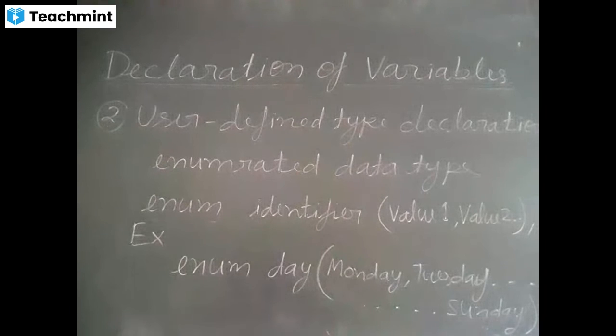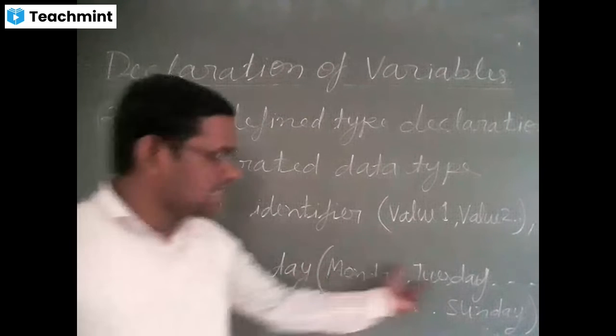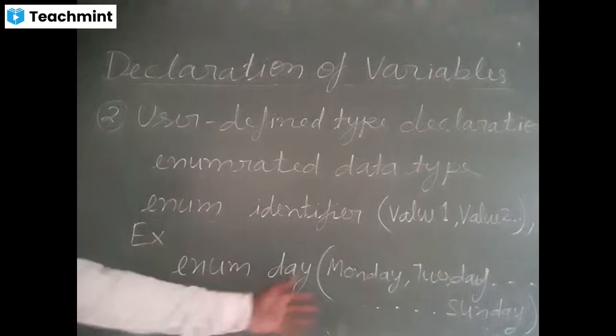So in this way we can declare the enumerated data type in our program. What will happen with this? In an enumerated data type, the compiler automatically assigns distinct integer digits to the values which are declared in the enum. We declare Monday, Tuesday, Wednesday, Thursday, Friday, Saturday, Sunday.